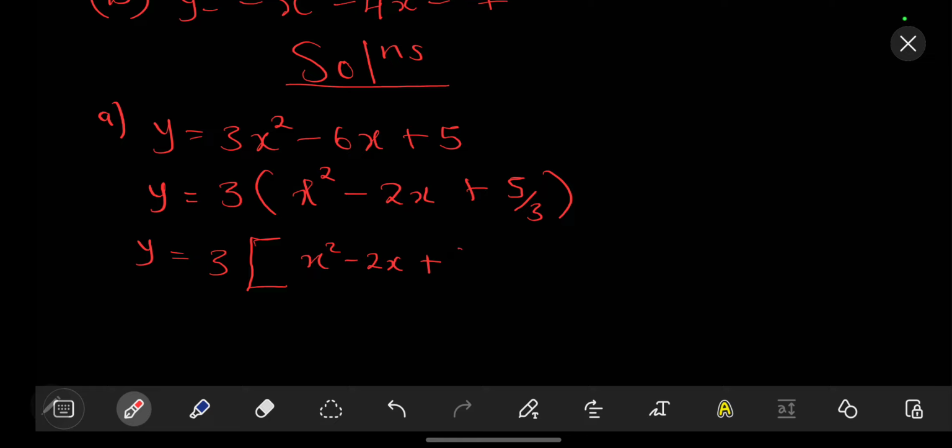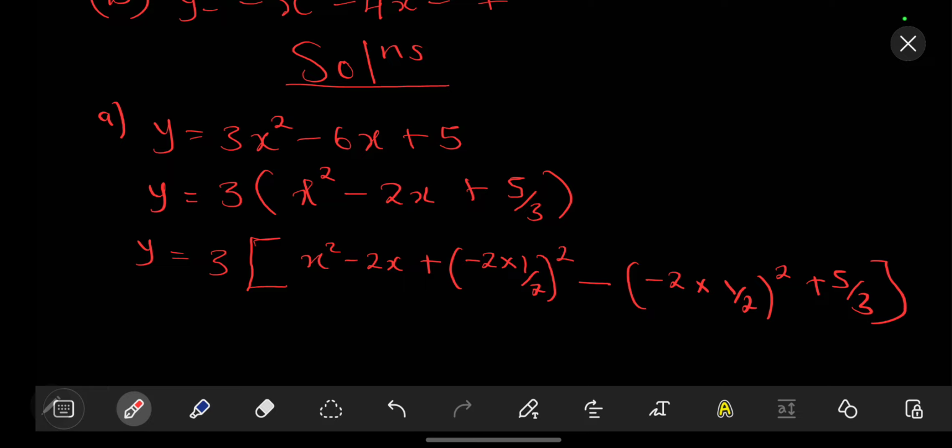So we add negative 2 times half, then we square. Now in mathematics, to maintain the meaning, what we have introduced here, we should also subtract it so that it's more like we have introduced nothing. So we have negative 2 times 1 over 2, then we square this, then we also have 5 over 3, like that.